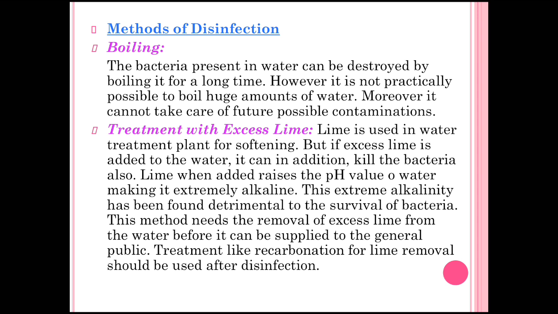So before the water is supplied, removal of excess lime is necessary, so a treatment like recarbonation for lime removal should be used after the disinfection process. This is the second process, treatment with excess lime.